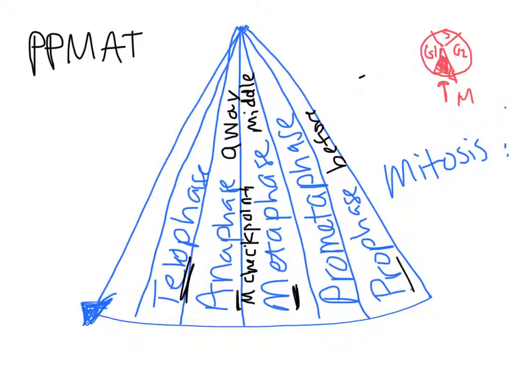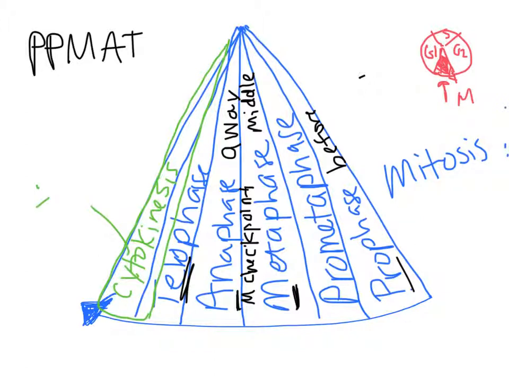And then the last part of the mitotic phase is overlapping telophase a little bit, the end of that. And we call that cytokinesis. And so cytokinesis is the actual division of the cytoplasm, which is the cytosol and the organelles.